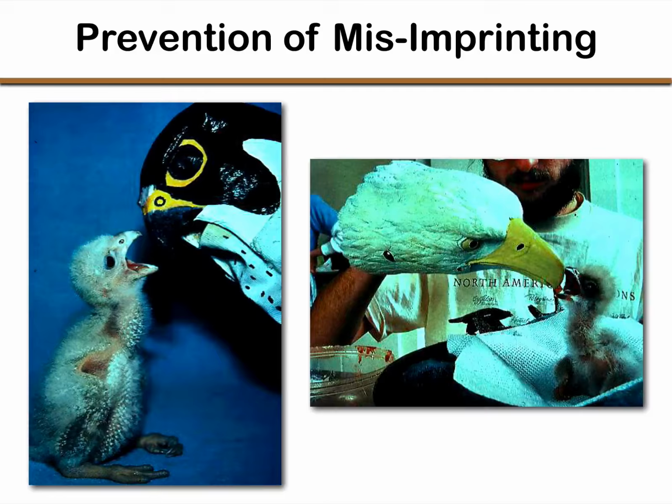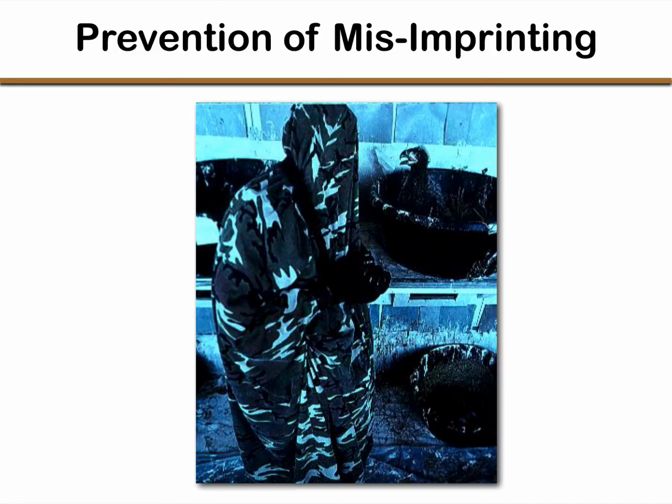So people will often take puppets and feed the young chicks with these puppets so that they learn what their own species as an adult looks like. And here's a guy who is totally getting rid of the human shape altogether when feeding this bird by draping this basic sheet over himself that hides the fact that there's even a human configuration there.